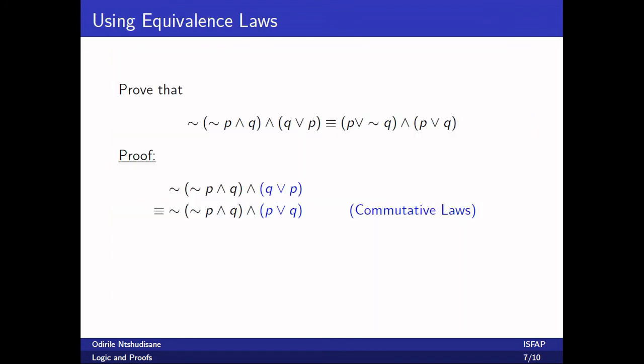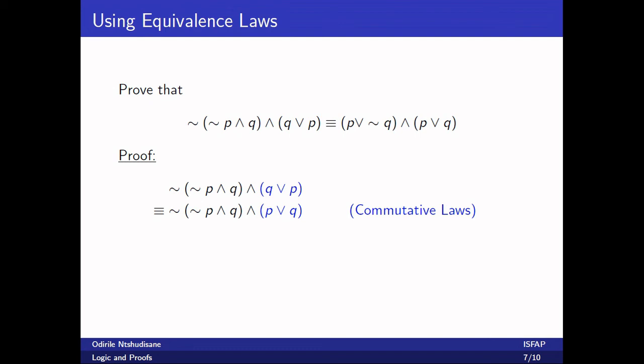So, how do we use these equivalence laws? Consider the statement form not (P and Q) and (not Q or P), and the other statement form (P or not Q) and (P or Q).